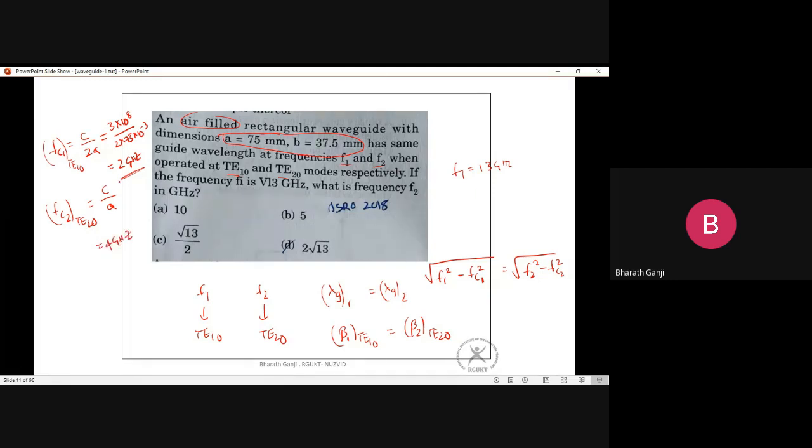Twice of it. So I think here what I can write is f1 is given, f1 frequency is given as 13 giga.